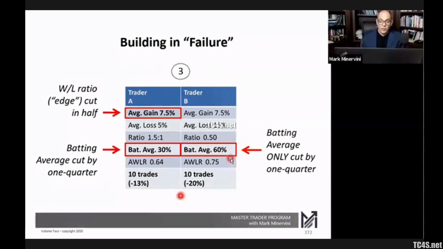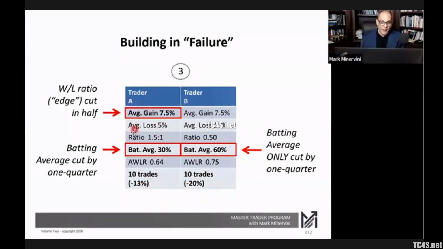That's trader A. Well, trader B, we're going to leave everything the same and just cut his edge by only 1/4. So we're going to take the 80% batting average and just bring it down to 60. Not much, a huge change. Still 10 trades, 20% loss every 10 trades. So a big differential, all right?